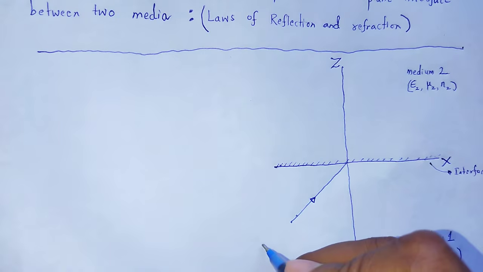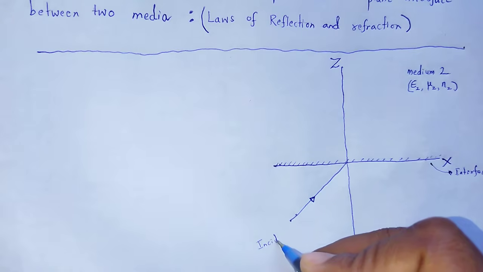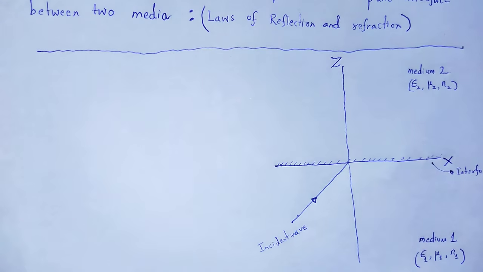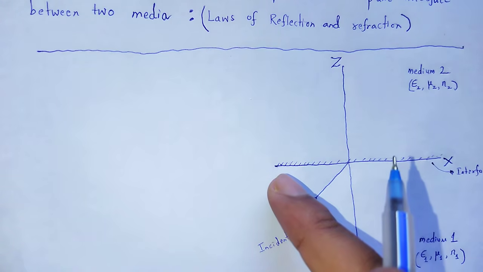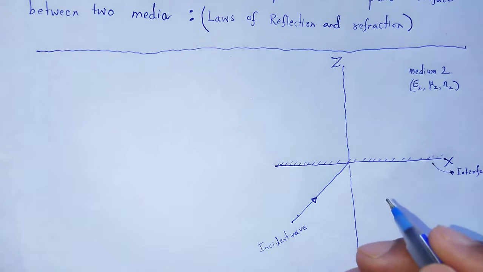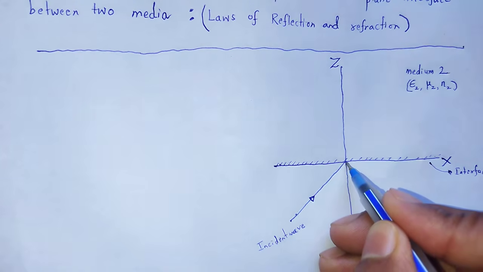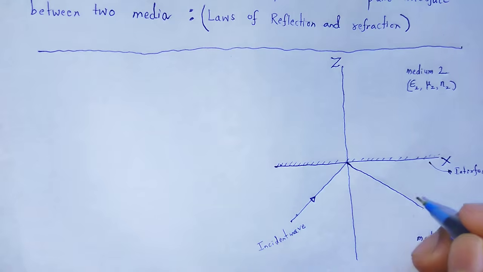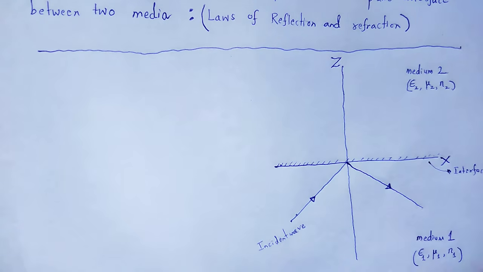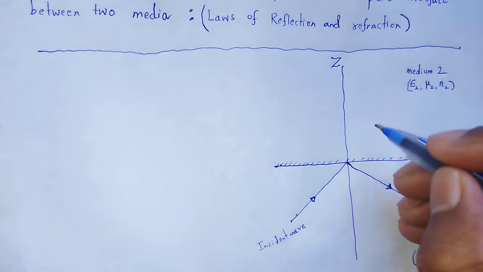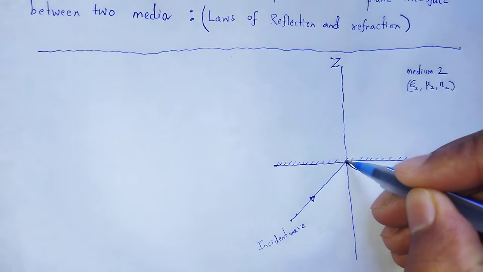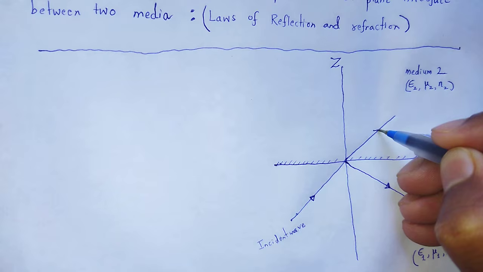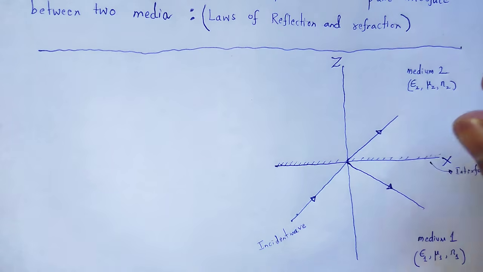This is the incident wave. That incident wave, incident on the interface between the two media, is partially reflected and partially refracted, or we can say transmitted.